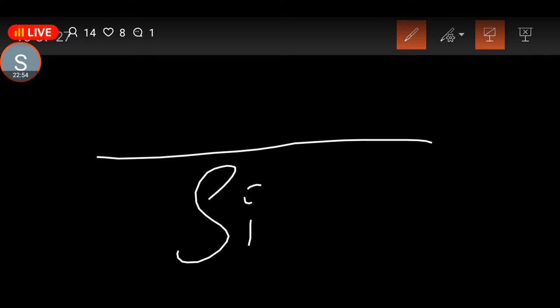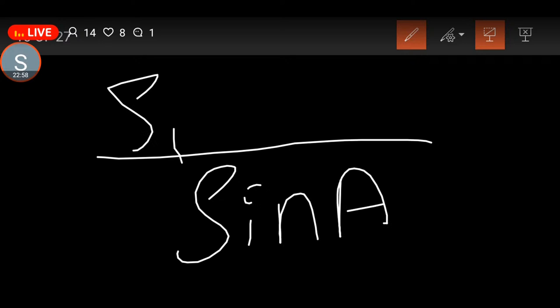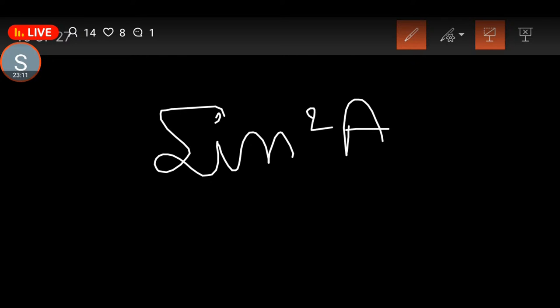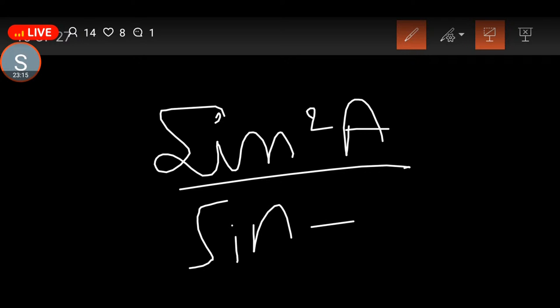And on the right side, I'm doing the sin A by 1 minus cot A. That denominator part, take LCM as sin A and sin A minus cos A. Denominator of the denominator goes to the numerator, so it will be sin square A by sin A minus cos A.